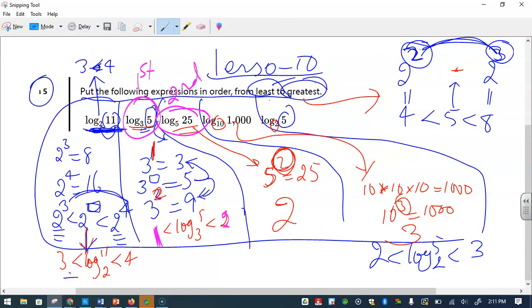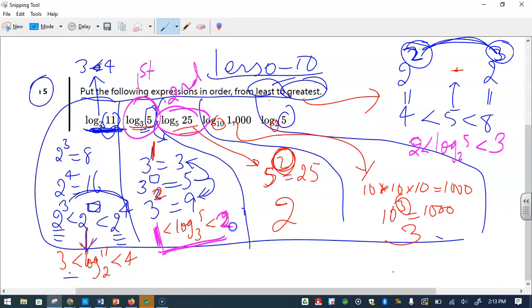And then there's the one between 2 and 3. Again I repeat. So this is the first one, between 1 and 2, right? So that's the first. Then this is exactly 2. So this is the second. And the next one is between 2 and 3.